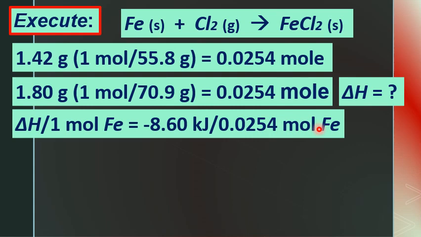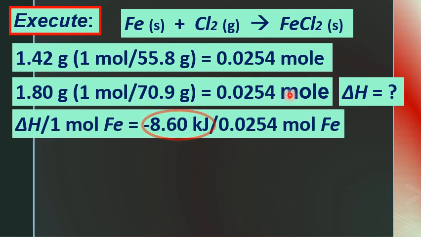Now, the delta H of negative 8.60 kilojoules is produced based on the problem when 1.42 grams or 0.0254 moles of iron reacts with 1.80 grams, also equivalent to 0.0254 moles of chlorine gas.